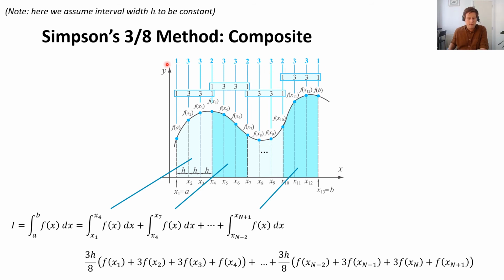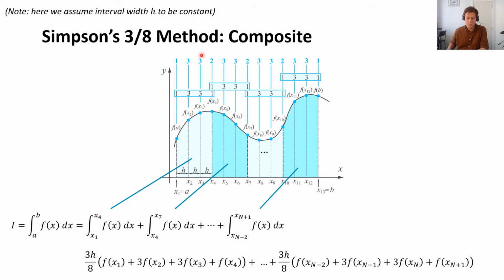And so indeed, we see here the endpoints, so the total endpoints A and B, they are added once to this entire sum. The multiples of 3, so that's here 3, 6, 9, 12, they are added 3 times to the sum.